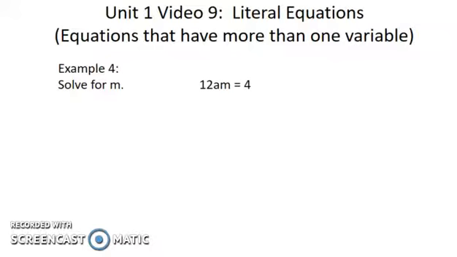How about this one? Solving for M. M actually has two things happening to it. It's being multiplied by A, and it's being multiplied by 12. We're going to take this as one multiplication. M is being multiplied by 12A. Okay, what's the inverse of multiplication?